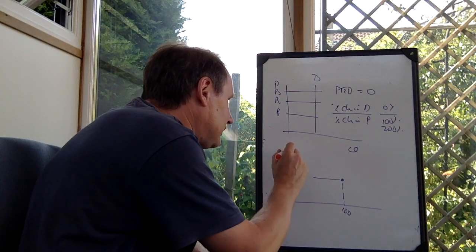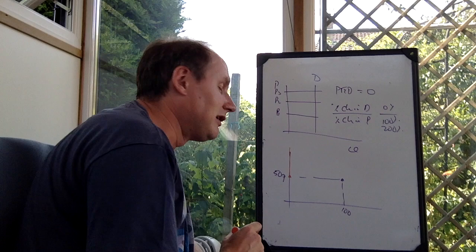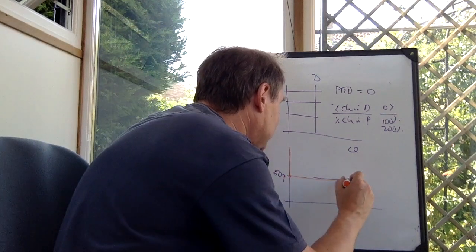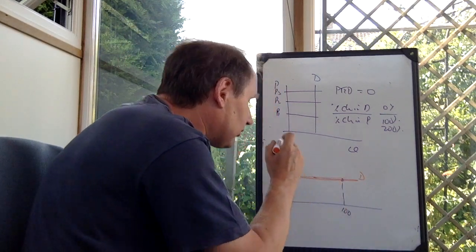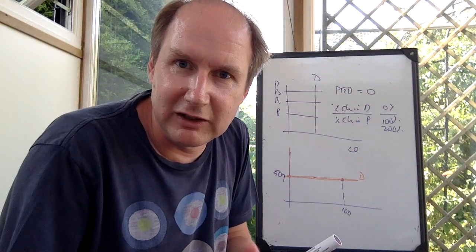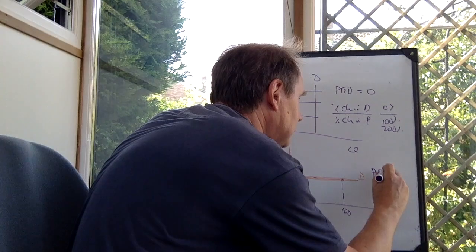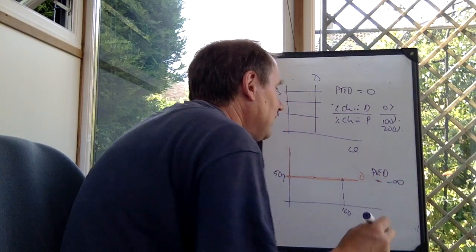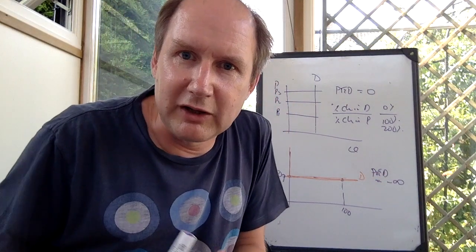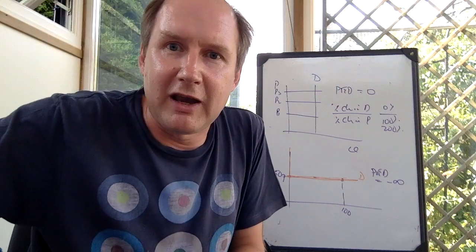So any increase in price above 50p means that there's no demand at all. So effectively, the demand line is horizontal because any increase in price leads to demand falling straight away to 0. And in that case, we say that price elasticity of demand is infinity. But if it's a downward sloping straight line demand line, then elasticity varies along its length.